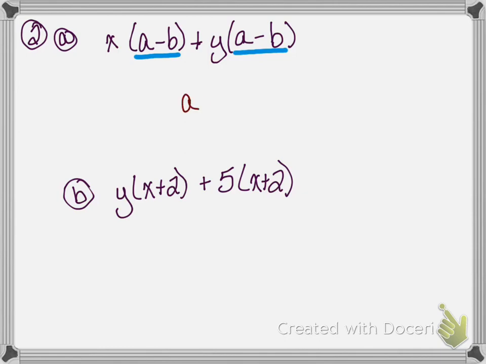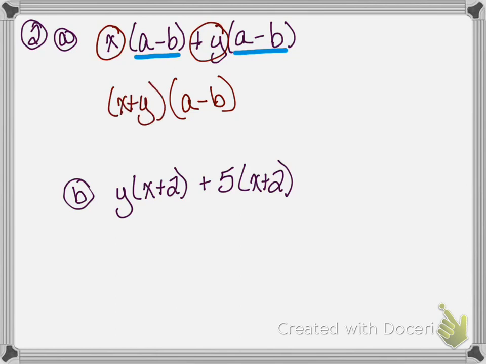Okay, so we have a minus b, and the other factor is x plus y. Okay, so all you're doing on this problem is looking at your greatest common factor, which is a minus b, and you're putting it right here. Then your other binomial is x plus y.